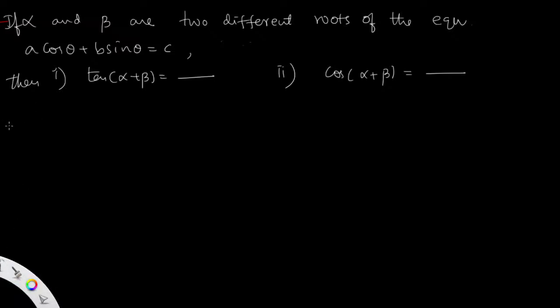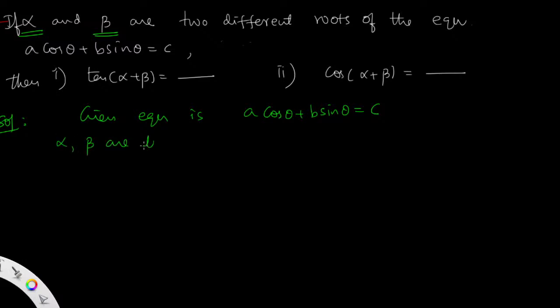First you have to write the solution. The given equation is a cos theta plus b sin theta equal to c. For this equation, alpha and beta are the roots.